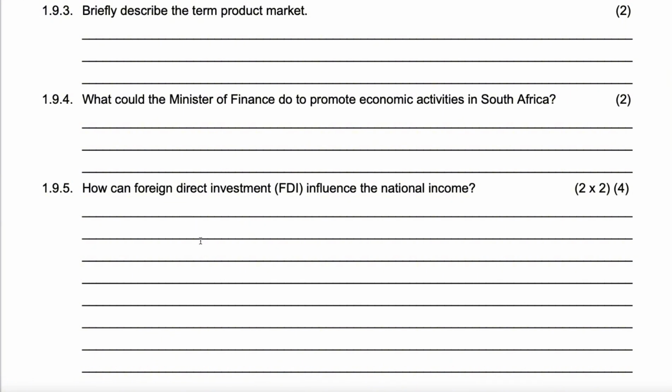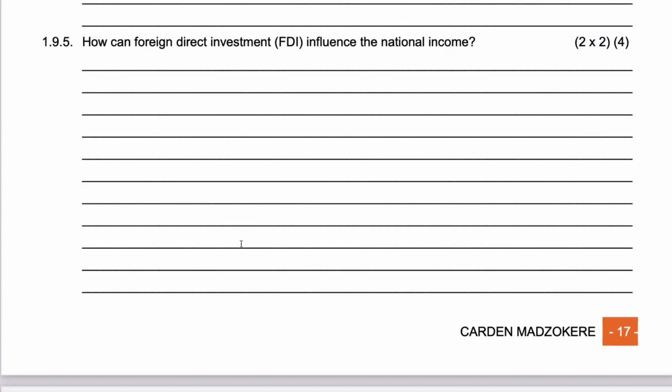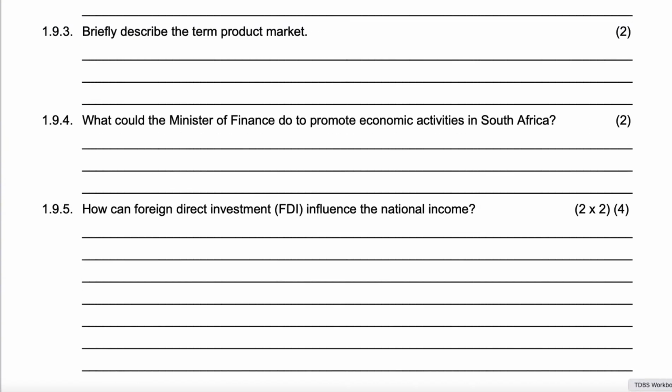So anything that you can say along those lines, something like increasing aggregate demand, maybe, because if money is invested in our country, we are going to use that money to demand whatever it is that we may need. So opportunities are created. So at the end of the day, that's more or less what you need to be talking about.